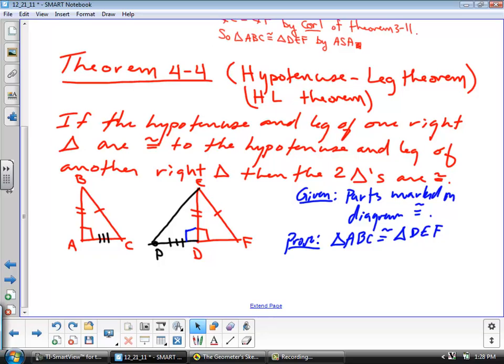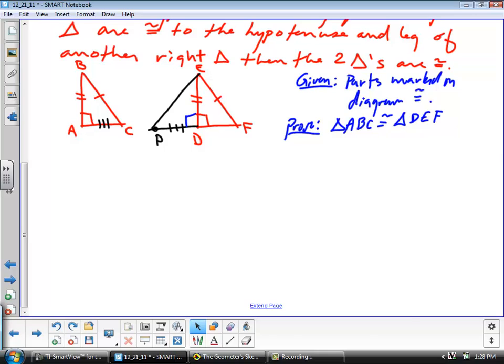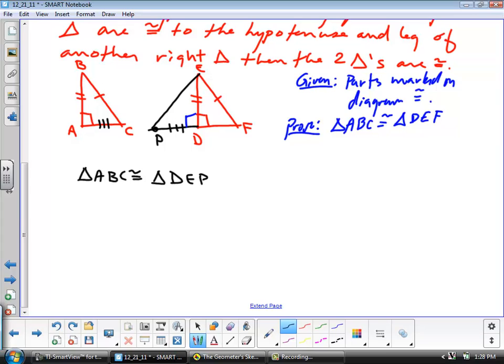Now, what I know is I have some triangles that are congruent right now. Because of how I marked this point P so that PD is equal in length to AC, what are the triangles that are congruent right now? Right. We have triangle ABC congruent to triangle, and I have to have the same corresponding order, so it has to be D, E, P. By what?